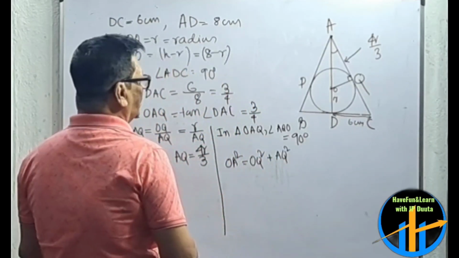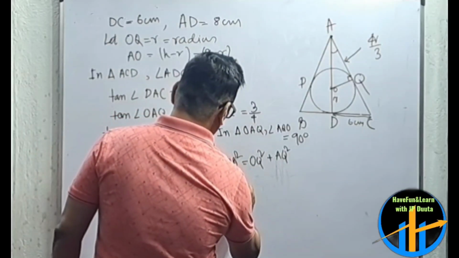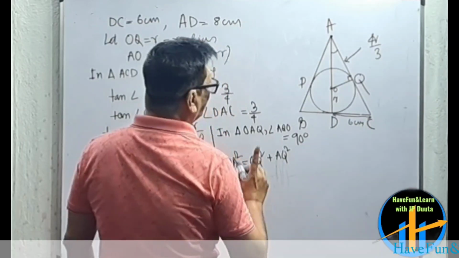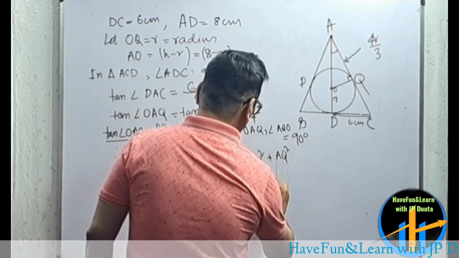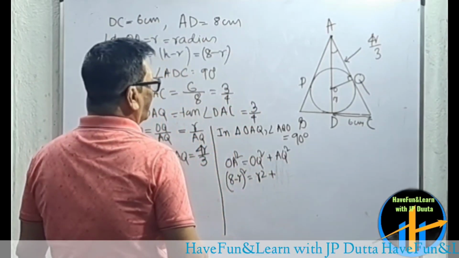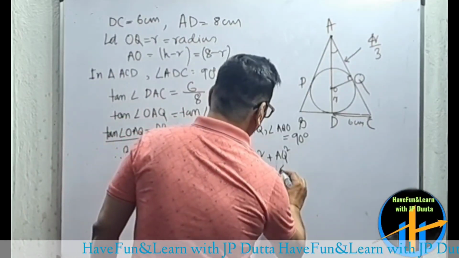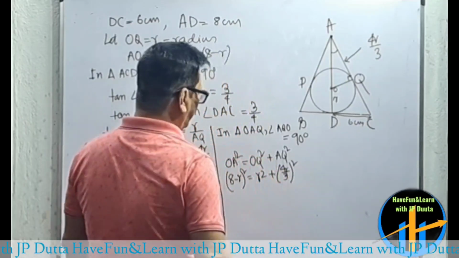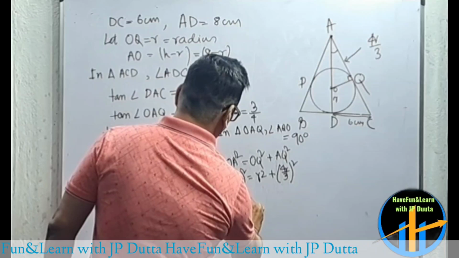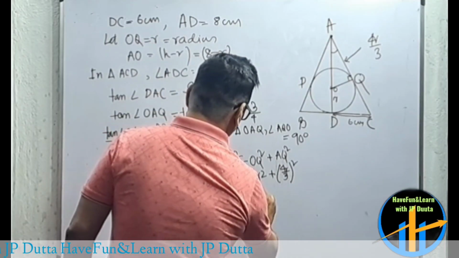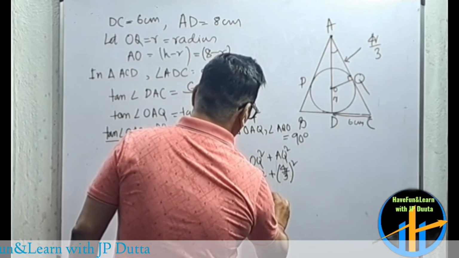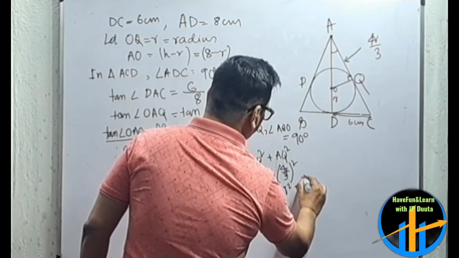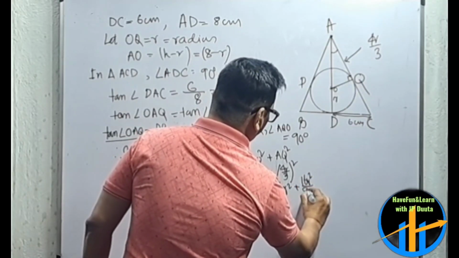We replace the value. OA is 8 minus R, whole square is equal to OQ, R square, plus AQ square, 4R by 3 whole square. Right? So if we simplify this one, we get 64 minus 16R plus R square is equal to R square plus 16 R square by 9.